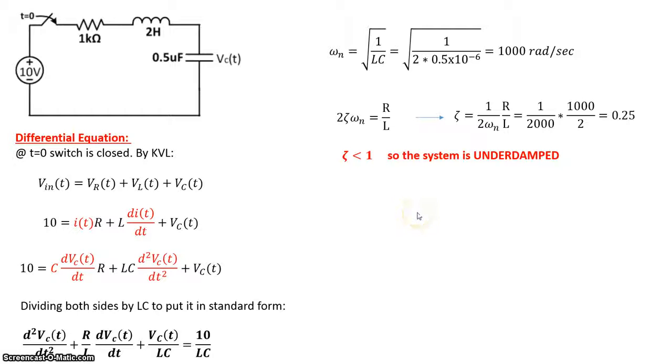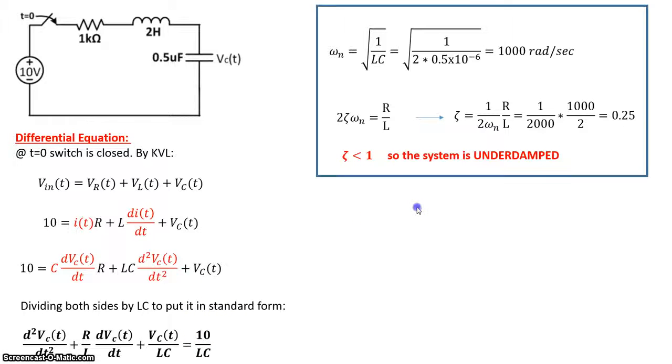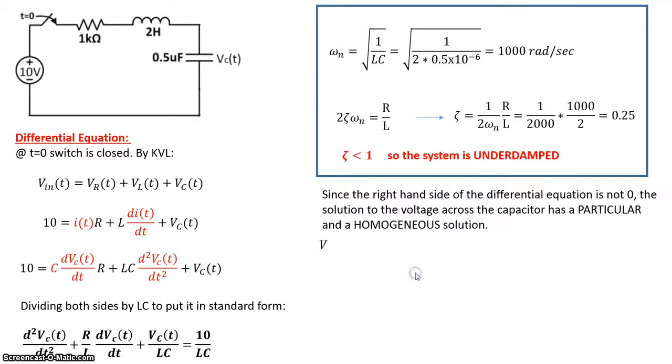So the homogeneous part of the voltage across the capacitor will give us an underdamped response, and because we have a forcing function that's non-zero, in other words we have a forcing function 10 over LC in this case, our voltage across the capacitor will have a particular solution as well. So we can write down the voltage across the capacitor as the sum of the particular solution and the homogeneous solution.